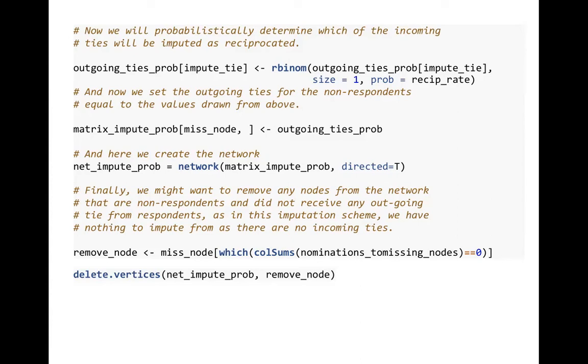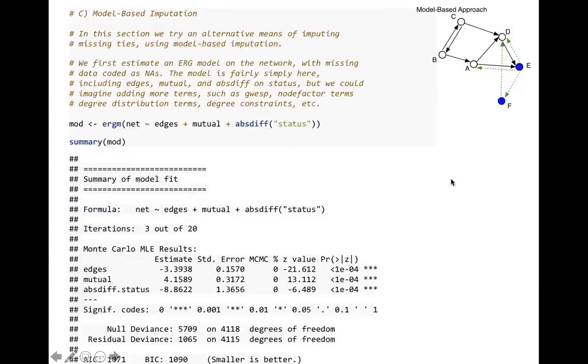Flip a coin using the observed rate of reciprocity we calculated in the previous slide. Take those flips of the coin, zeros and ones, and use them to say yes or no to impute those missing edges. The rest is constructing the network given those imputed ties, but I won't say anything more about that.